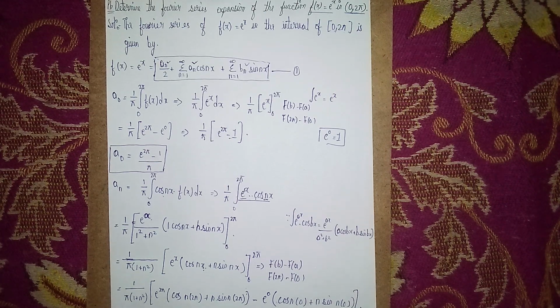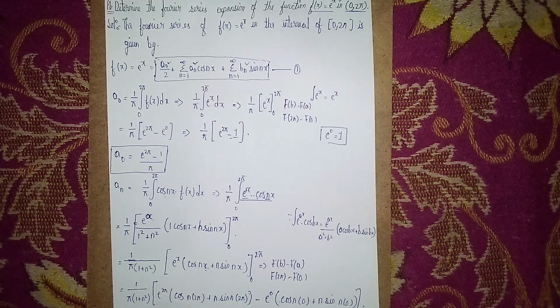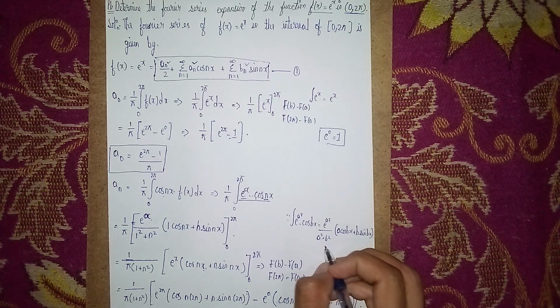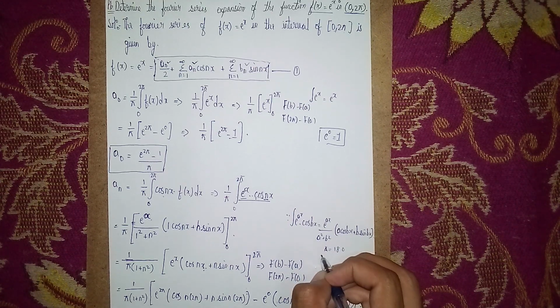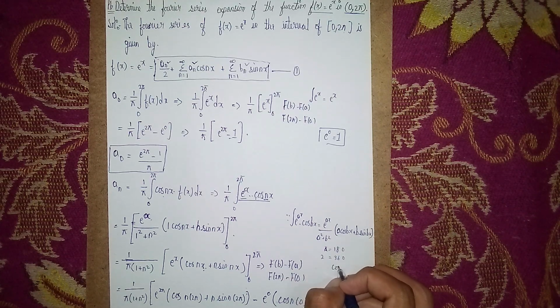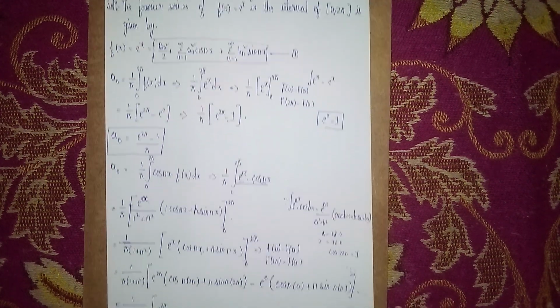Now 1 by pi (1 plus n square), now e power 2 pi. In trigonometry, pi is equal to 180, so 2 pi becomes 360. Now cos 360 is equal to 1. Always remember cos 360 value is 1.